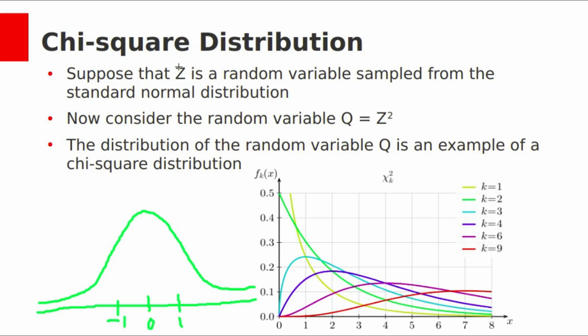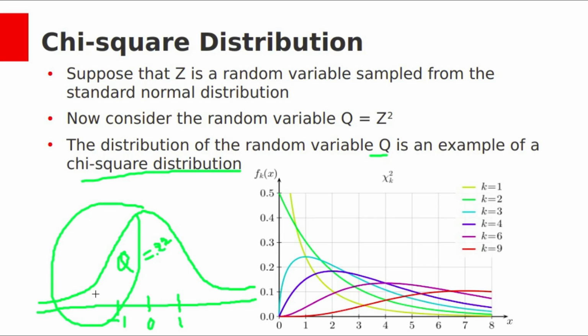Means we took one sample which is Z from the standard normal distribution. If you square this value, let's square and denote it as another random variable Q. The distribution of this random variable Q is chi-square distribution. Here we are squaring this Z, so you will not have any negative values.